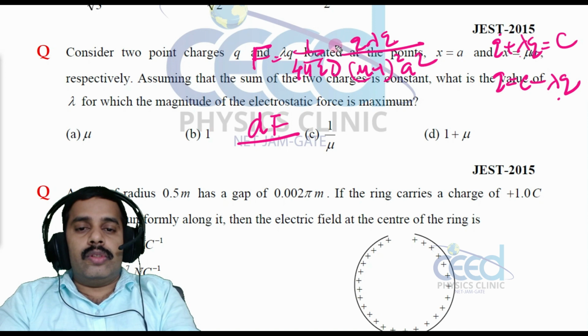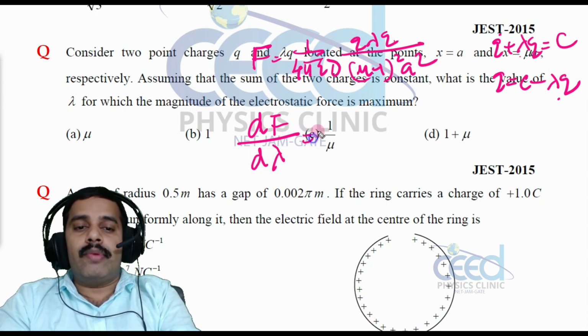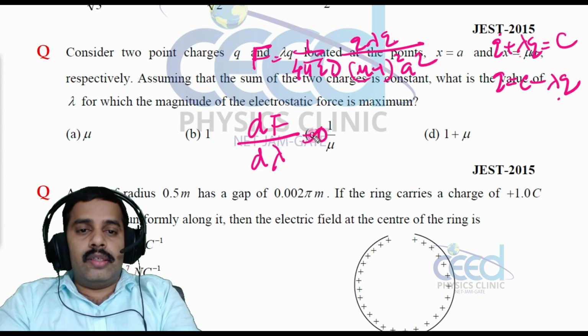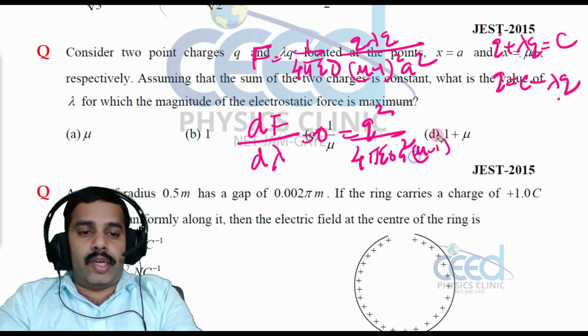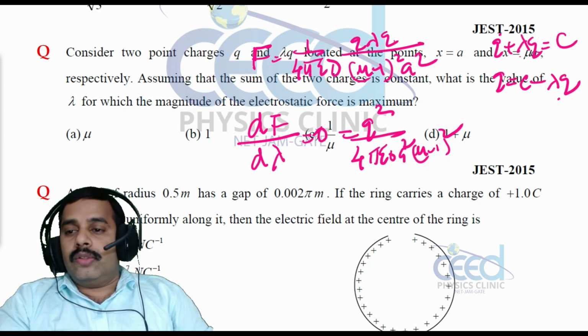So this force is maximum when dF by d lambda is equal to 0, right? Alright, so let me write this as q square divided by 4 pi epsilon 0 a square into (mu minus 1) whole square, right?